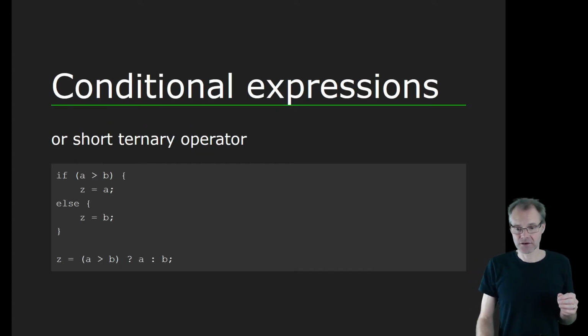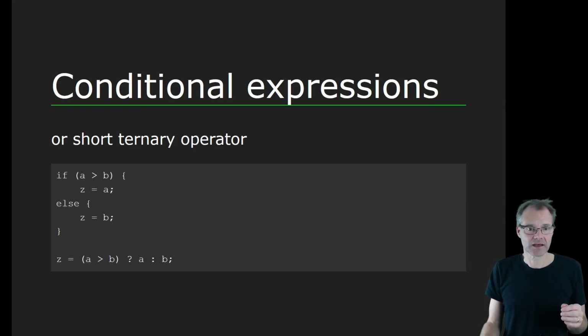We also have the conditional expression. This is also called in some languages the short ternary operator. So this short ternary operator is a combination of the question mark and the colon. And it basically does the same thing as an if-else statement, but it is an expression.